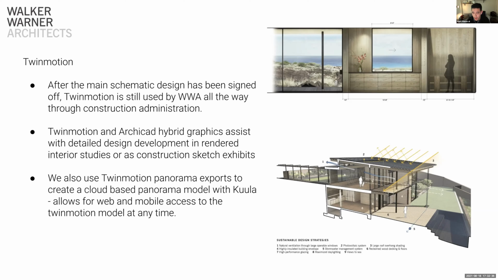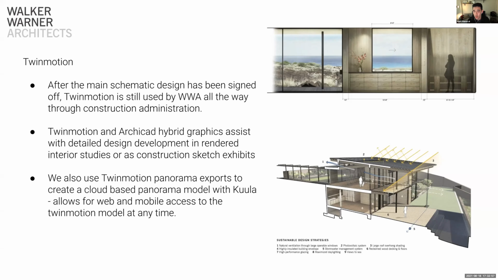Perhaps that'll be coordinated with our interior designer or even sent along to the contractor as a construction sketch or cost proposal exhibit that really helps the client, just like Tom was saying. Translating a 2D drawing to a real-life 3D experience is so difficult, and Twinmotion and Archicad together help us bridge that gap.